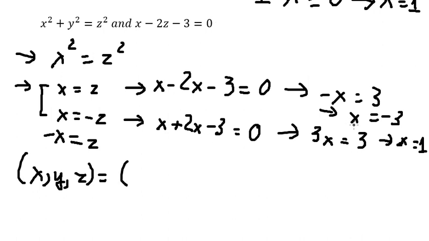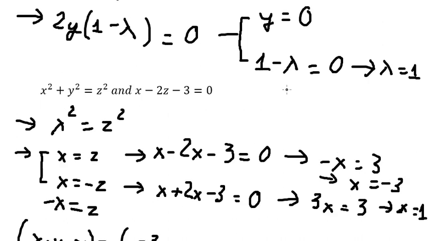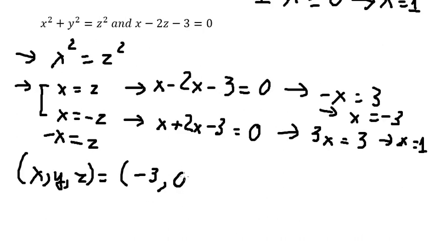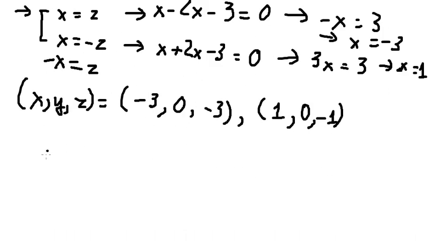The first one we have negative number 3, and the next one we have y equal to number 0, and we have negative number 3 because x equal to z. And the second one, that is about number 1, 0, negative number 1. So we put this one back to the function f(x, y, z).